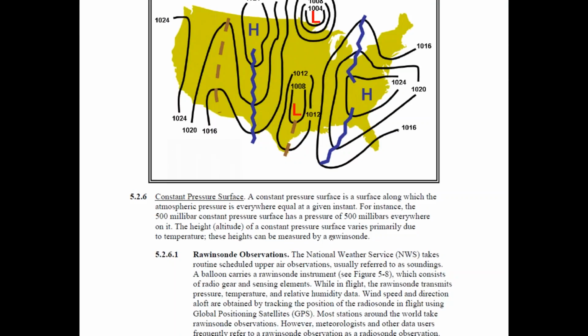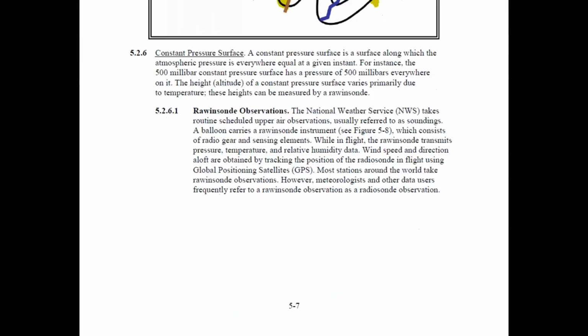So all these National Weather Service stations usually send up a balloon every single day, many times per day, and each station compiles all that data, and then the National Weather Service as a whole compiles it all and makes these charts. So that's where they come from.